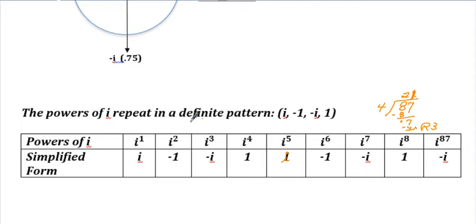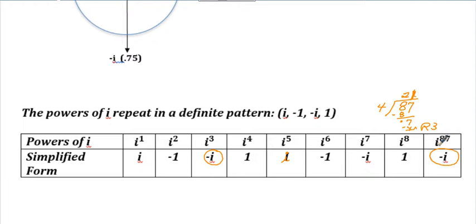There are 21 groups of 4 that I go around with the power of 87, and then I have a remainder of 3, so I go 1, 2, 3. Therefore, the simplified version of i to the 87th power is -i.